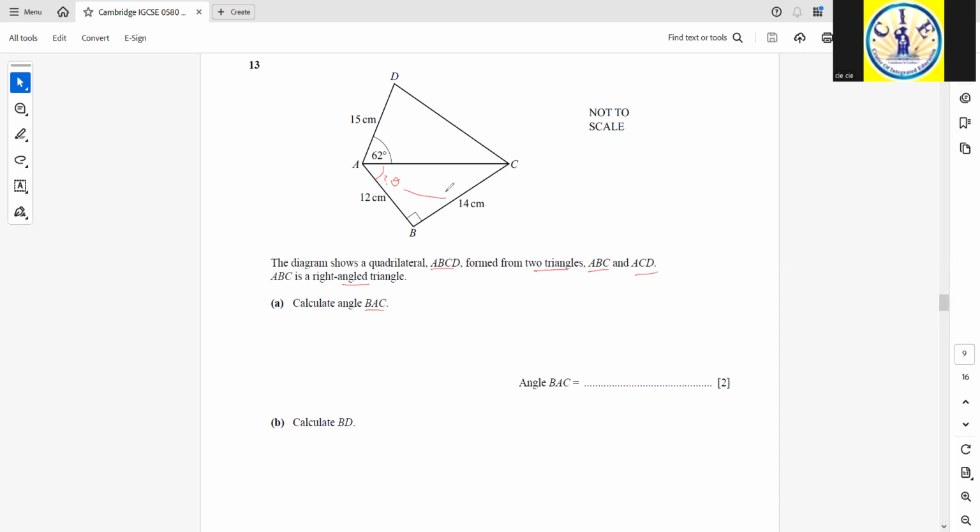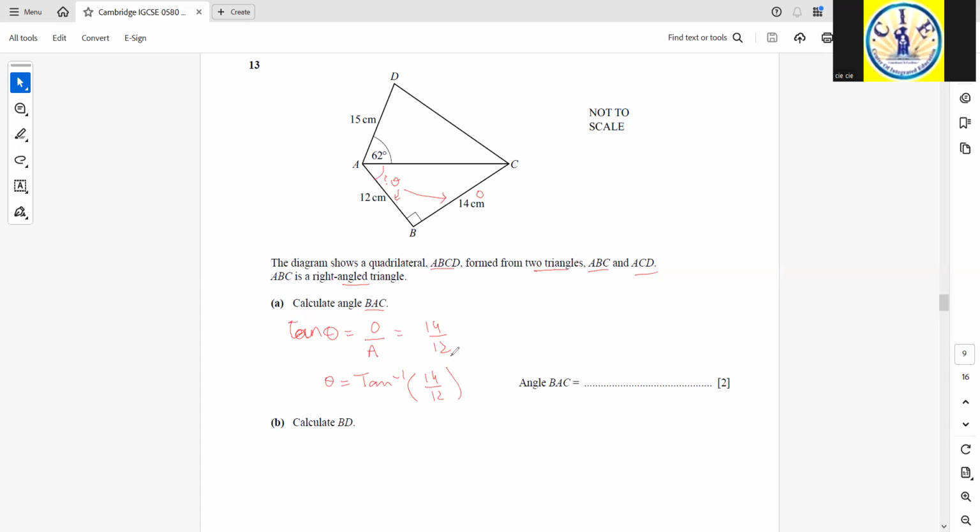The side opposite to theta is the opposite side, and this is the adjacent side. So I can use tangent of theta, the opposite side divided by the adjacent side, that is 14 divided by 12. So the angle theta can be calculated as tangent inverse of 14 by 12.